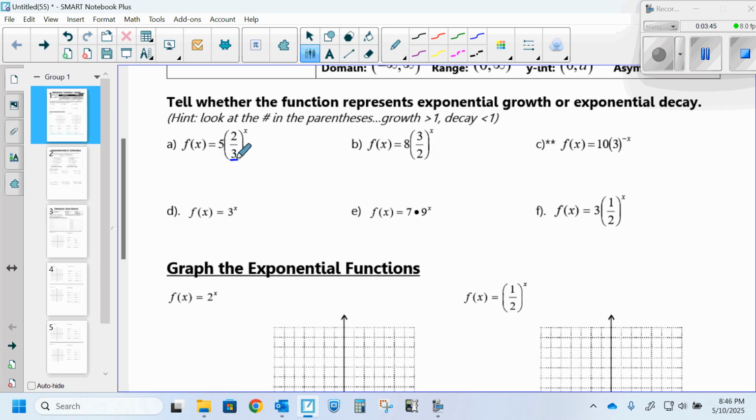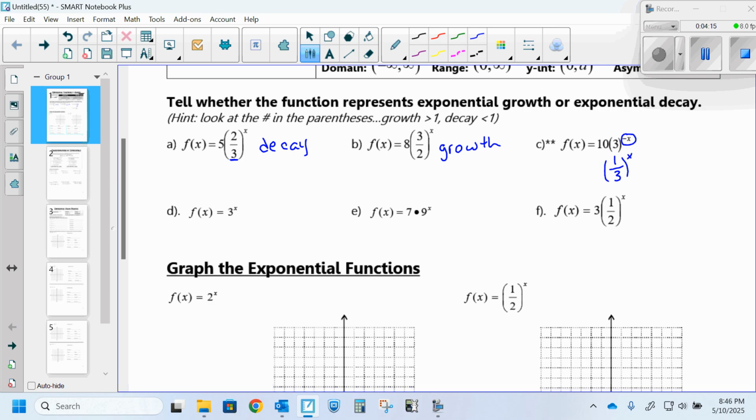Okay, so 2/3 is between 0 and 1, so that is decay. 3/2 is 1.5, so that's bigger than 1, so this is going to be a growth function. This one has asterisks on it because it has a negative exponent. So we actually have to go back to what happens when you have a negative exponent. When you have a negative exponent, it takes it to the bottom of a fraction, and then this becomes a positive exponent.